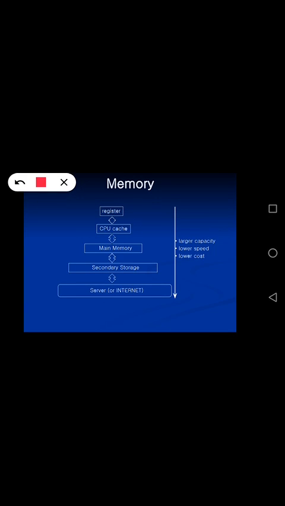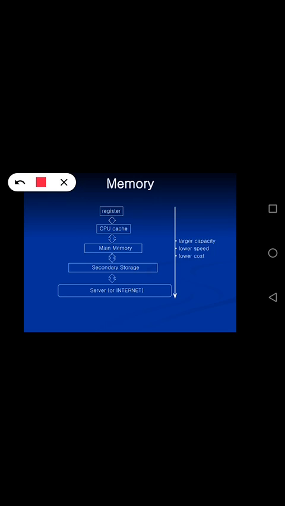Remember, registers are the smallest memory elements, which cannot hold a large amount of data or a greater number of instructions. So it is very advantageous to have a cache memory.